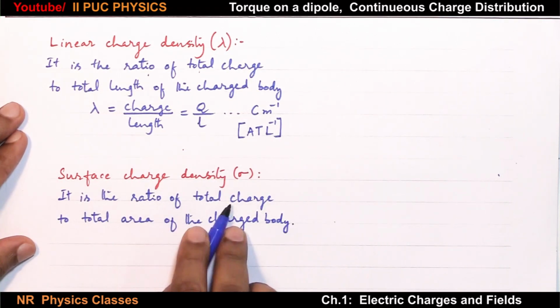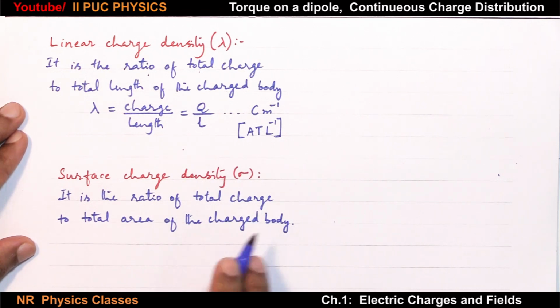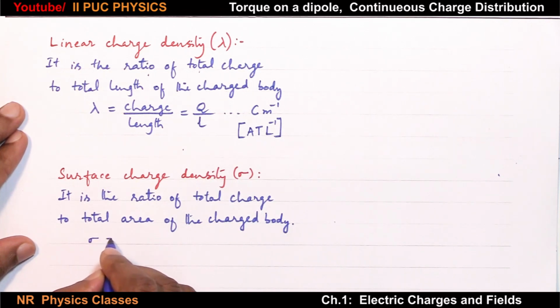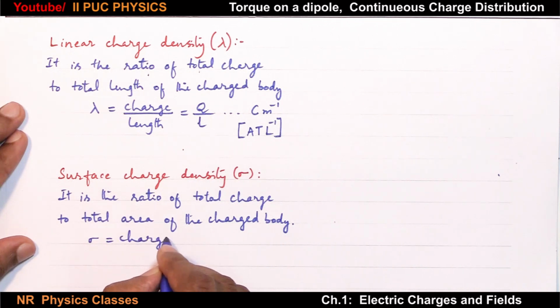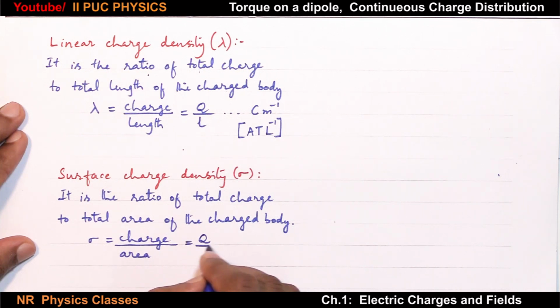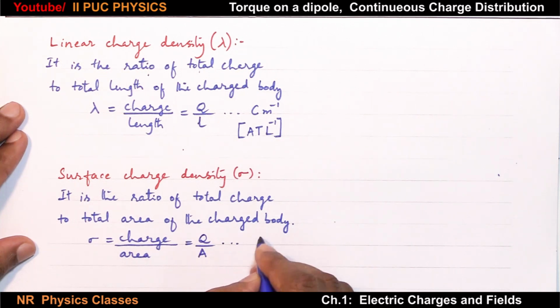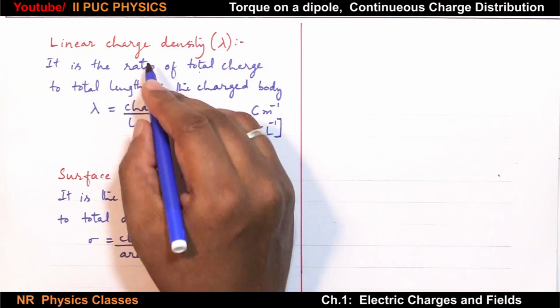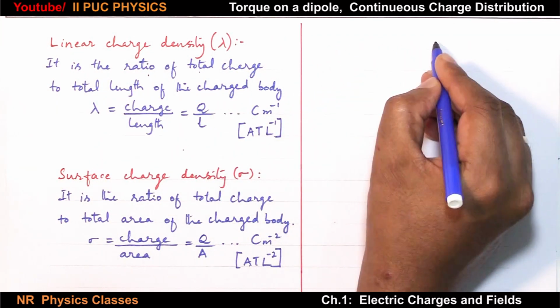Therefore, sigma equal to charge by area, Q by A. Unit is coulomb per meter square. Again, coulomb is A T, ampere time. Meter square, meter is unit of length, so length power minus 2.